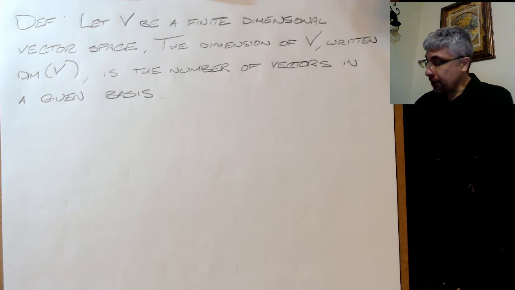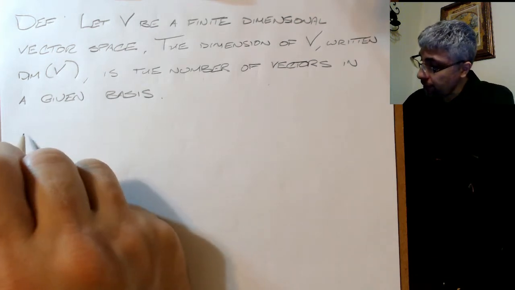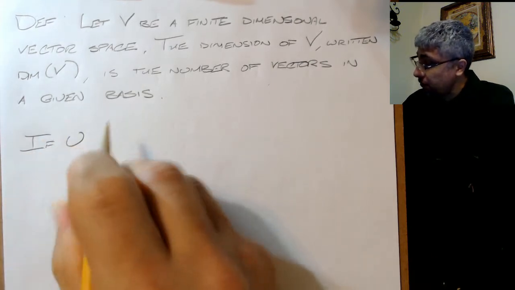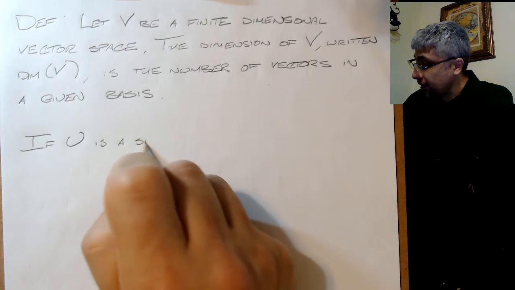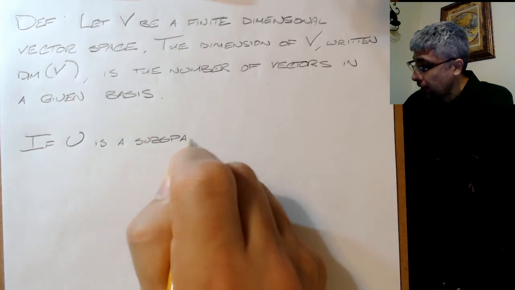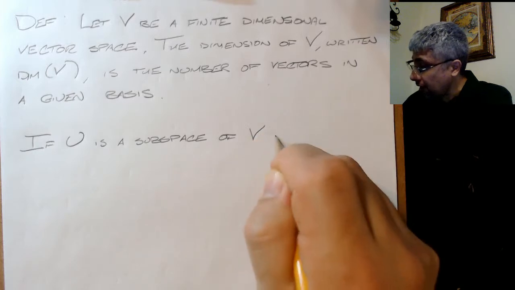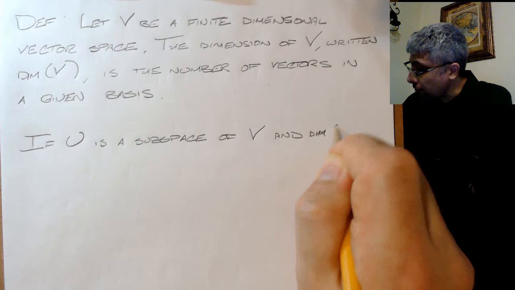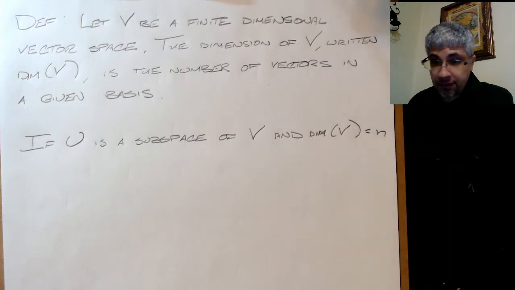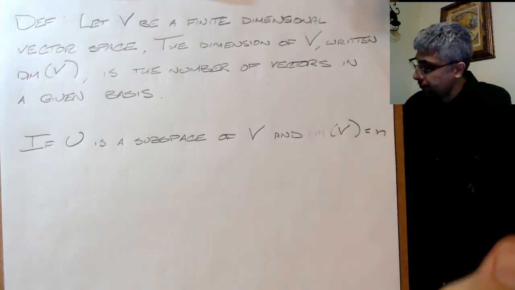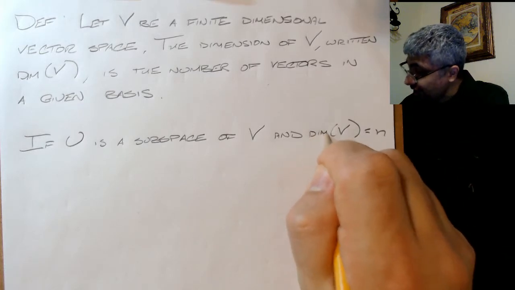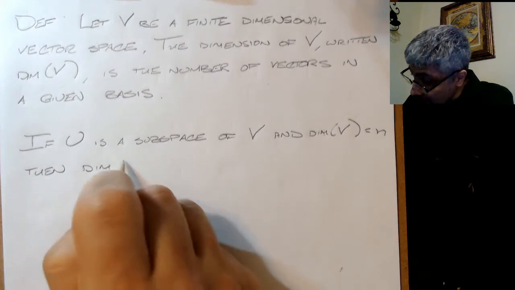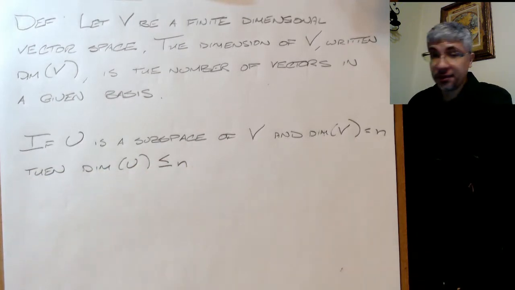So, for example, what we could show is if U is a subspace of V and the dimension of V happens to be n, then the dimension of U has to be less than or equal to n.